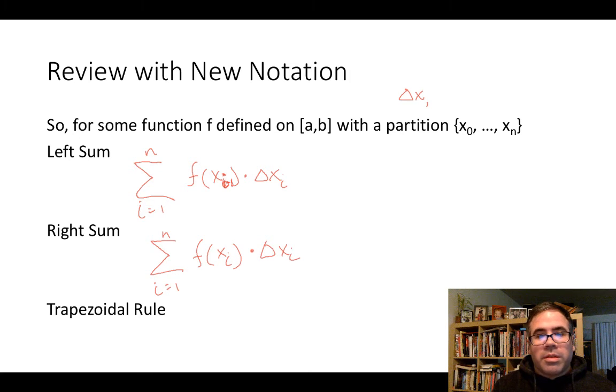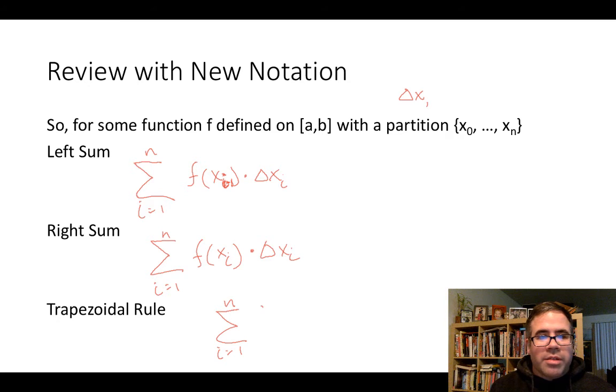What does the trapezoidal rule look like? Well, it is once again a sum from i equals 1 to n. In every case we're summing up n things, except with the trapezoidal rule we had to average the left and the right bound, multiply them by the subinterval.